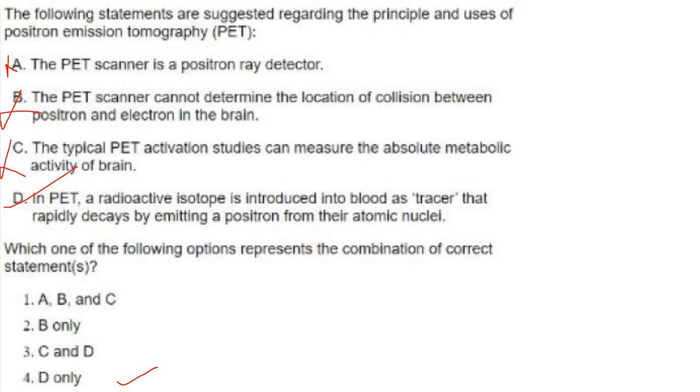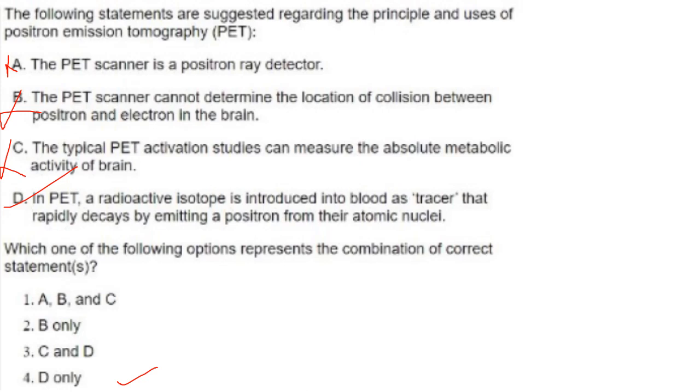Now this radioisotope undergoes beta plus decay and a positron is emitted. This positron will interact with an ordinary electron and the 2 particles annihilate, and 2 gamma rays are emitted in opposite directions. These gamma rays are detected by 2 gamma cameras to form a 3-dimensional image.